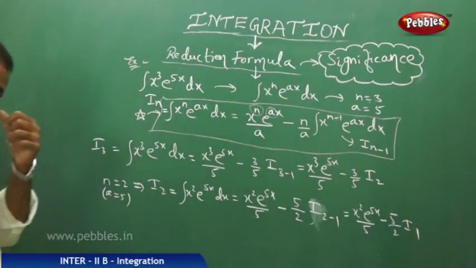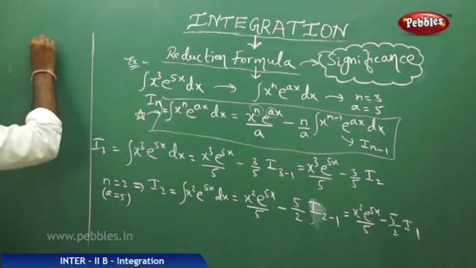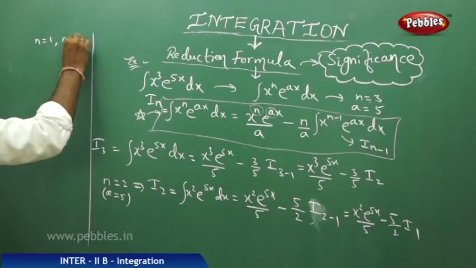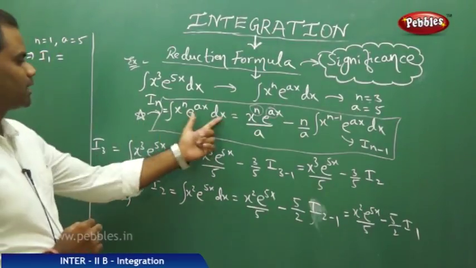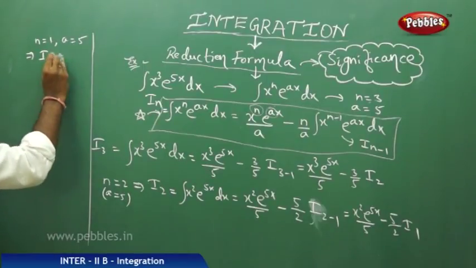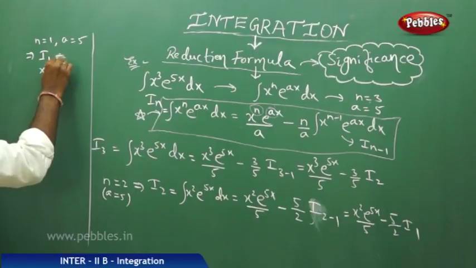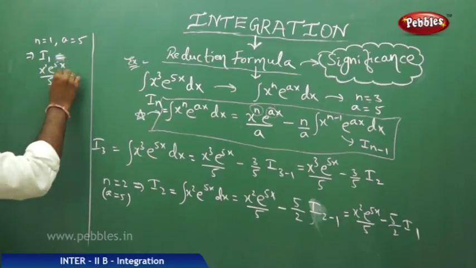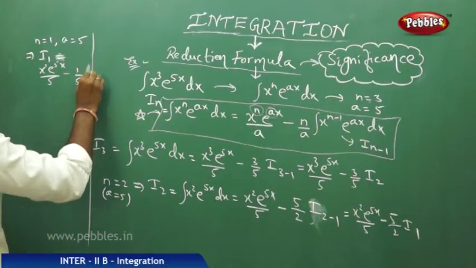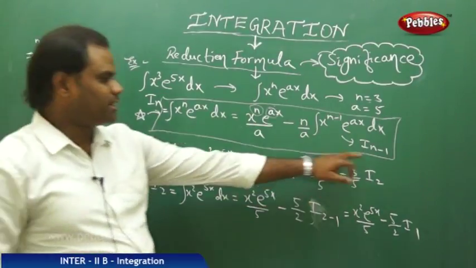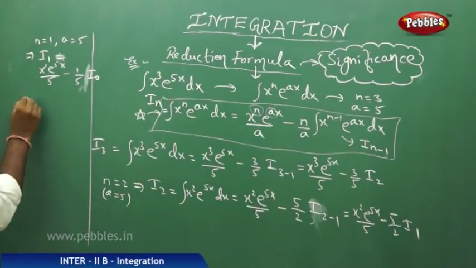So n equal to 1 and a equal to 5 gives me I1. Implies I1 using the reduction formula is x power 1 e power 5x by 5 minus 1 by 5 integral, or this is I naught, because n is 1, so I naught is what we get.